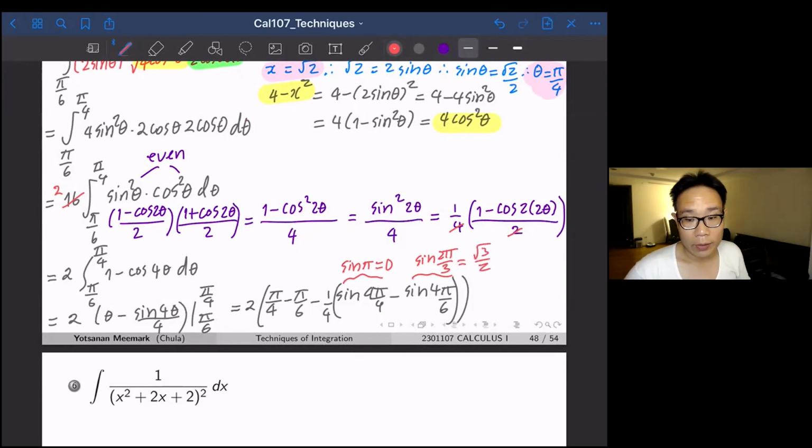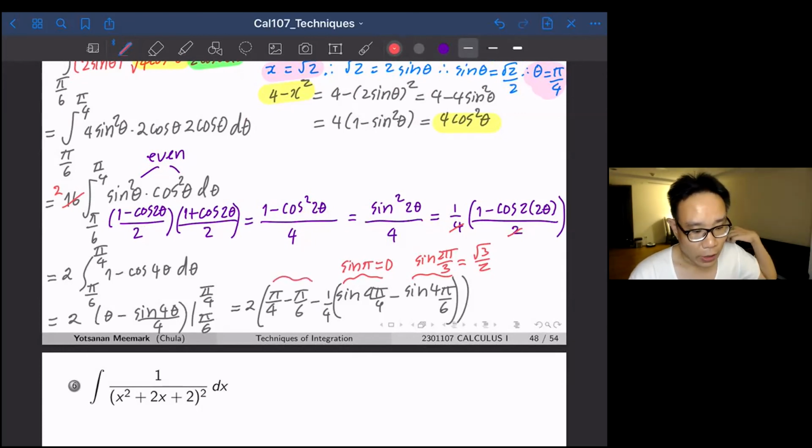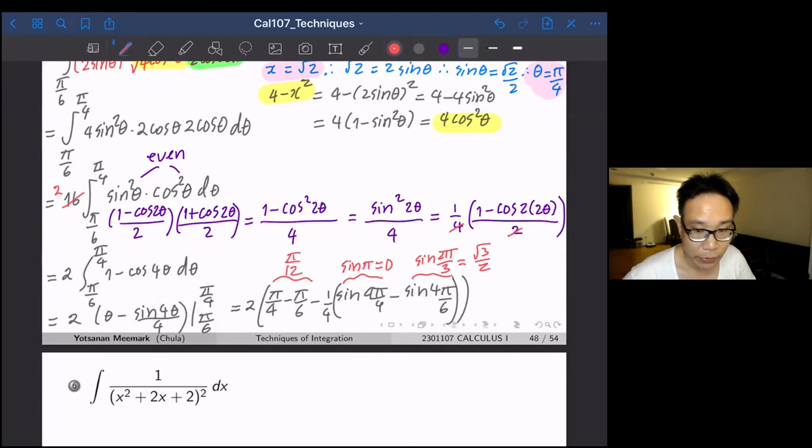And pi over 4 minus pi over 6 becomes 3 minus 2, so it's pi over 12.